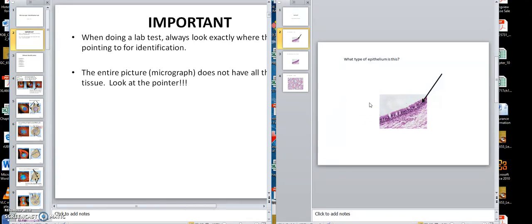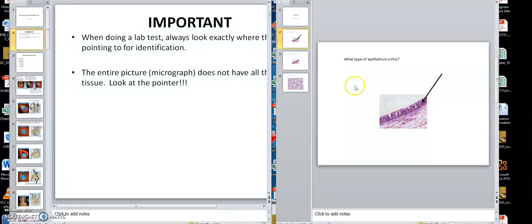In this case, it's a photograph, and so we're doing online. So when you say, what type of epithelium is this? Now, this right here is the epithelium. That's something else there. That's not epithelium. So that when they say what type of epithelium, you're naming this here, which is a pseudostratified ciliated columnar.